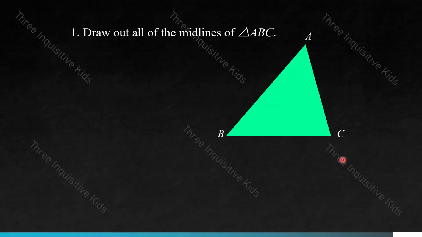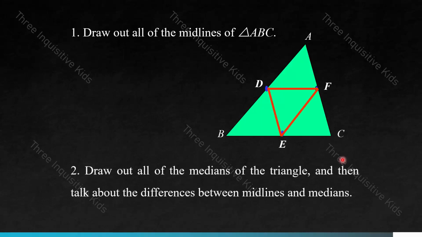Draw out all of the midlines of triangle ABC. Draw out all of the medians of the triangle, and then talk about the differences between midlines and medians. So the blue lines in here are medians, and the red lines are midlines. Those are 2 very similar words, and you might confuse them with each other.